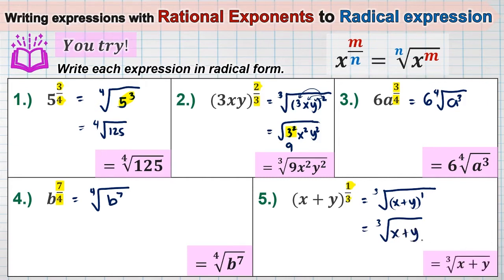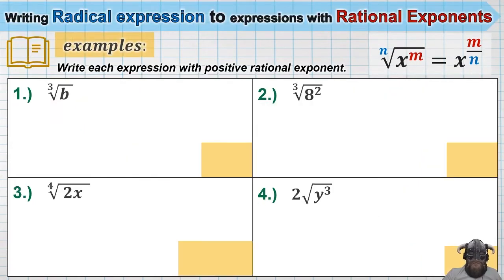Okay, so tama tayo. Ngayon naman, let's have the given examples wherein we have to write this radical expression into expressions with rational exponents. So, baligtad naman nung ginawa natin kanina. So, in this following examples, we are asked to write each expression with positive rational exponent. So, number 1, we have the given the cube root of b.